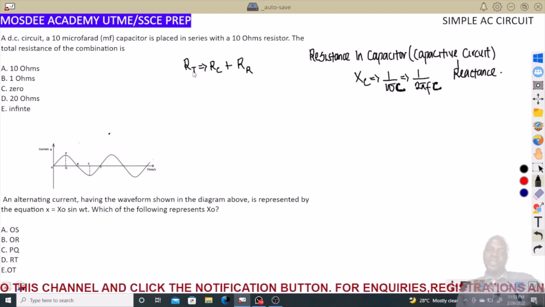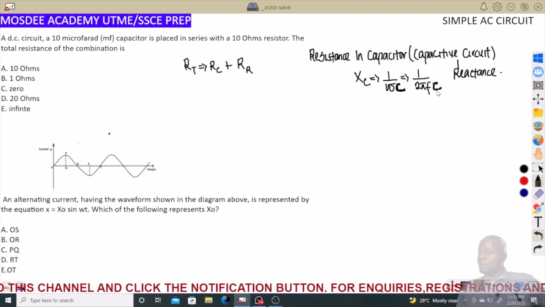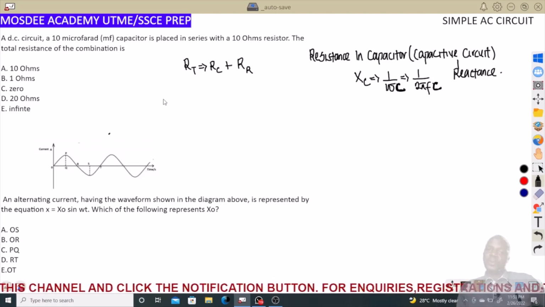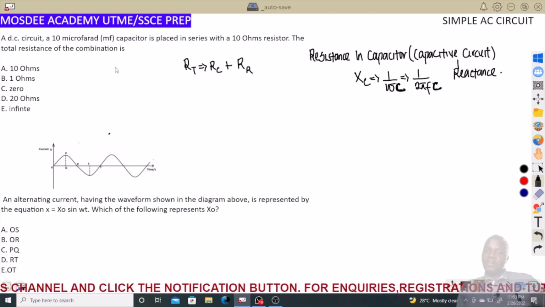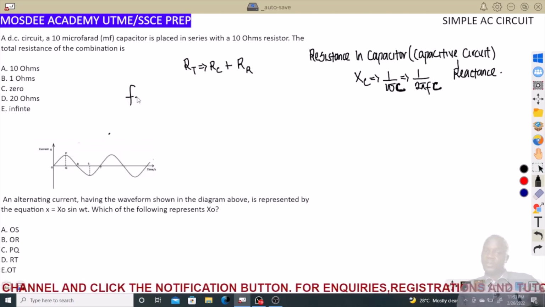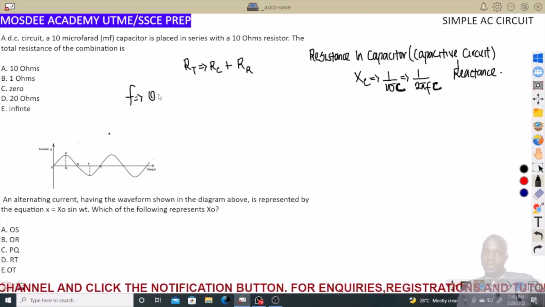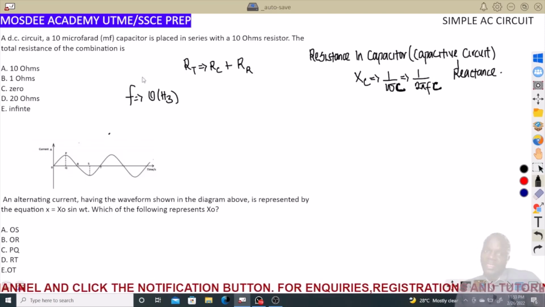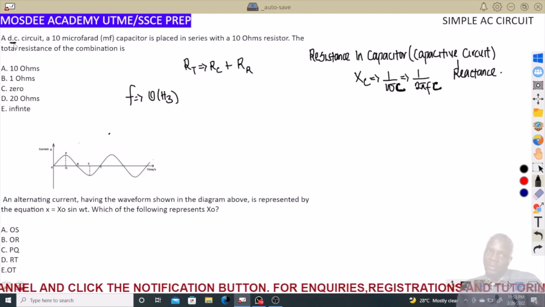My point is that this formula is only applicable for an alternating current source. In a DC circuit, with this 10 microfarad capacitor, the frequency is always 0, because it is not an alternating source.